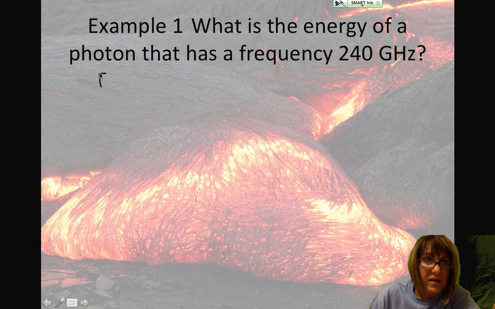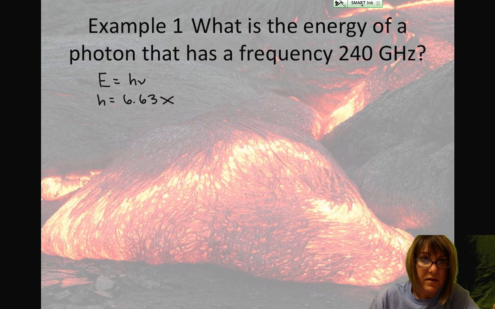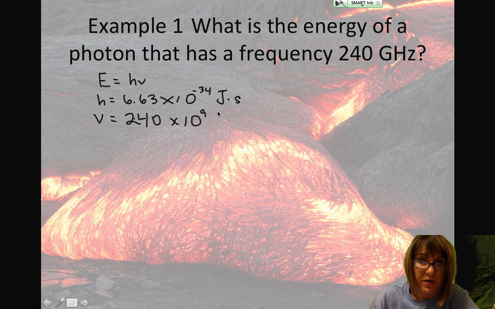So we know the equation for energy is E equals h times nu, where h is Planck's constant, 6.63 times 10 to the negative 34 joules times seconds, and the frequency, nu, is equal to 240 gigahertz. That would be 240 times 10 to the 9th power hertz, and hertz is the same as 1 over second, or per second, right?